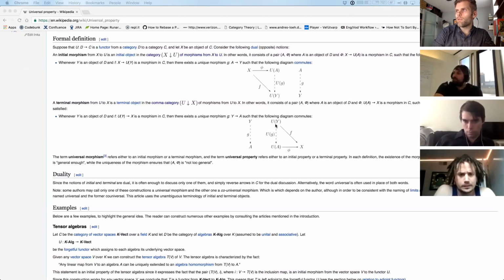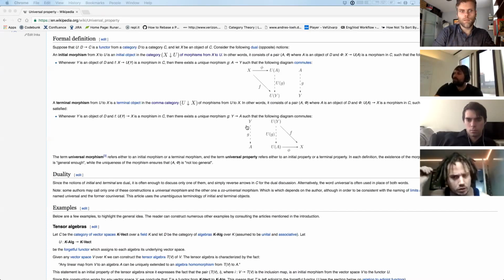But here we have a further structure, which is that this category is a category of morphisms from U of some object down to X, where this Y is an object in a different category. So trivially, if U is the identity functor, then the only things in U comma X would be morphisms on X. So I'm just trying to wrap my mind around this construction.